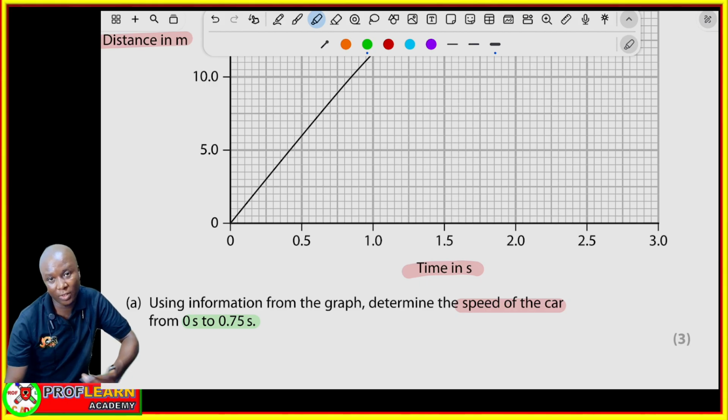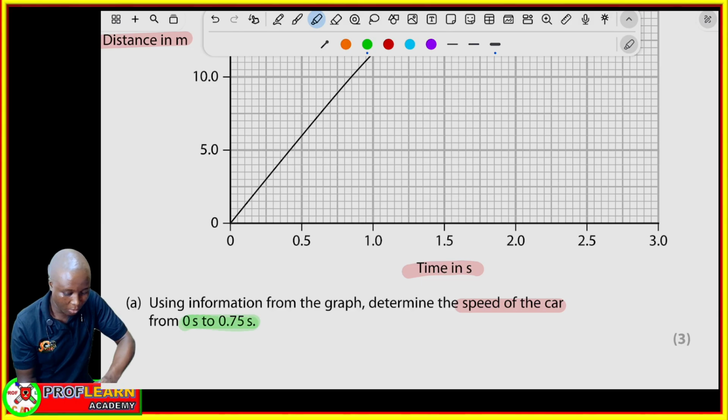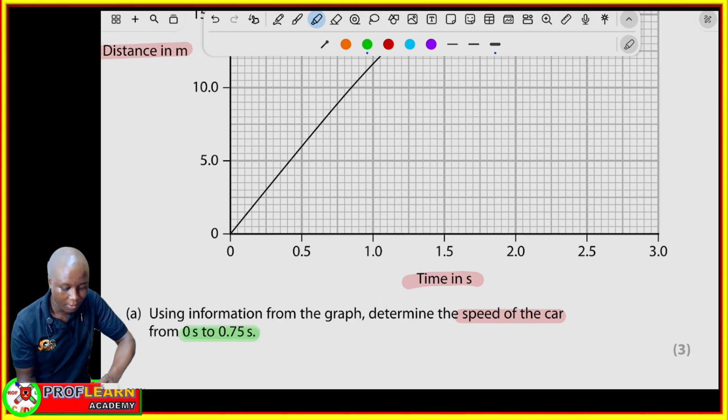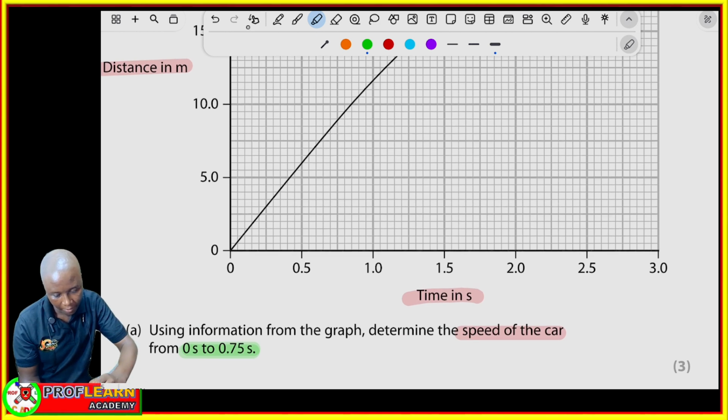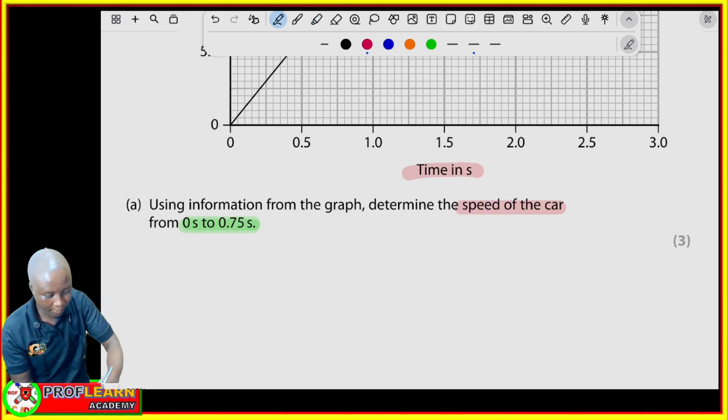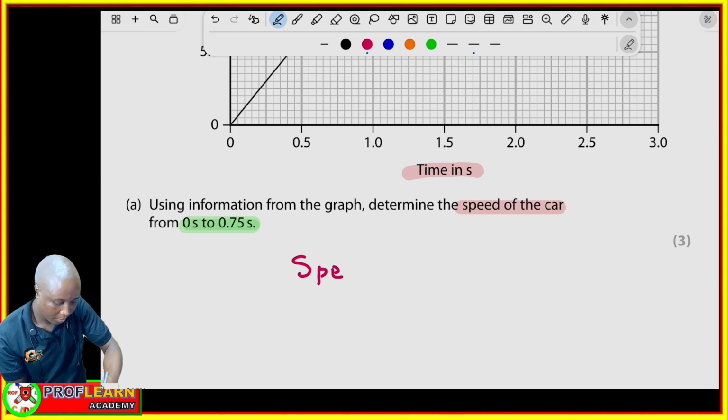If you work out the gradient of that line from the region you are told, you are going to get the speed. So speed from a distance time graph is equal to the gradient.